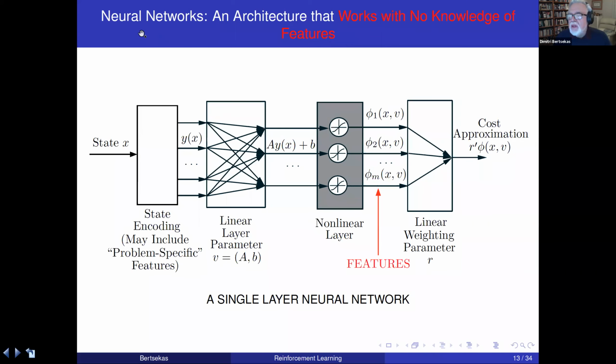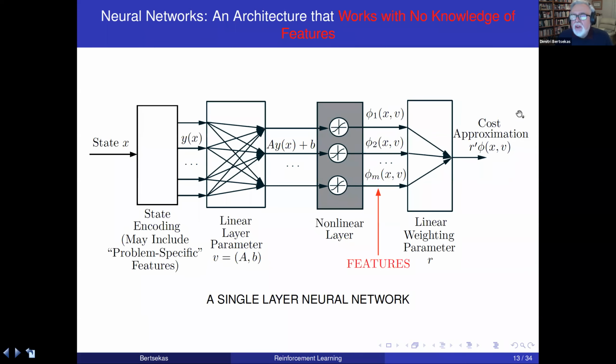The neural network does everything: it provides the features and trains the architecture simultaneously through a training process. This is the great role of neural networks in reinforcement learning. That's their primary significance. They allow you to bypass the knowledge of features to construct cost architectures and also policy architectures.